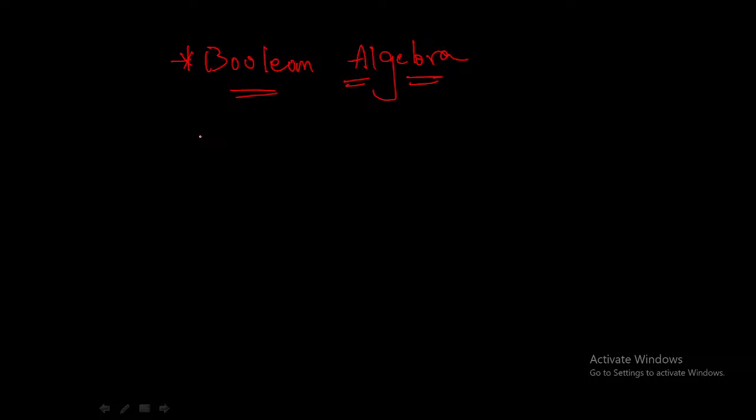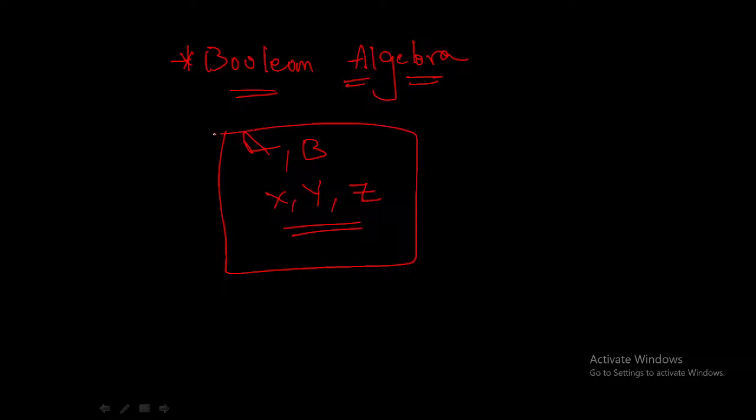So in Boolean algebra, we often have letters like A, B, C, X, Y, Z. We will use some variables, and we also use Boolean values of a variable. Suppose we use these variables A, B, X, Y, and Z. The values of these Boolean variables can be 0, which is logic 0, and 1, which is logic 1.